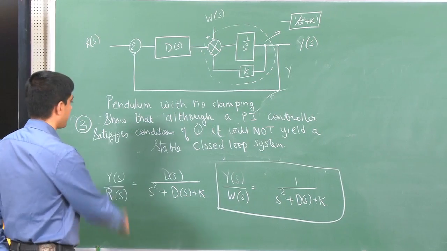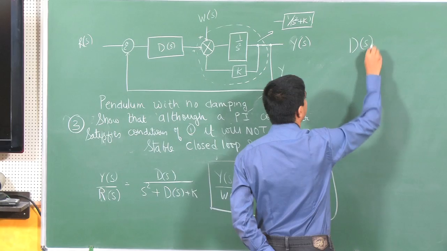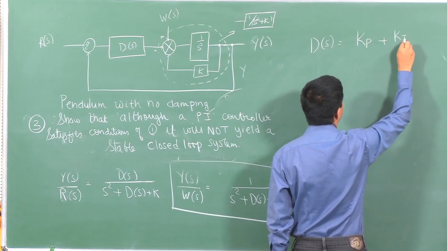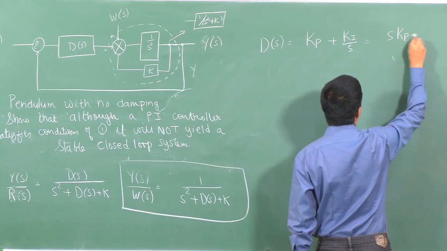D(s) is a PI controller, which means it looks something like this: Kp plus some constant Ki over s, or I can just write it as (Kp s plus Ki) over s.